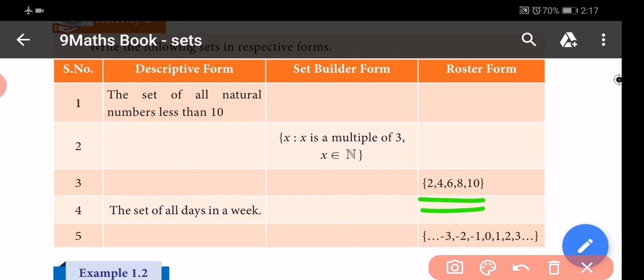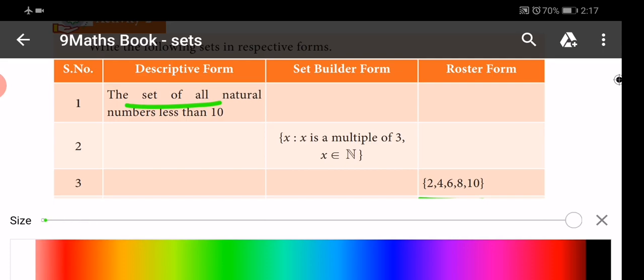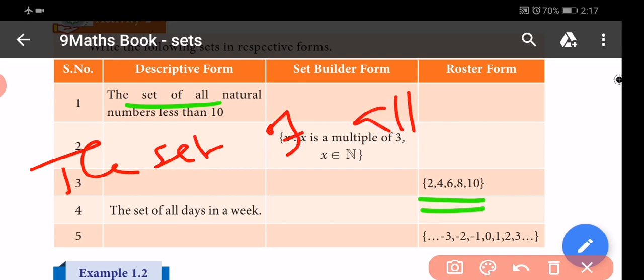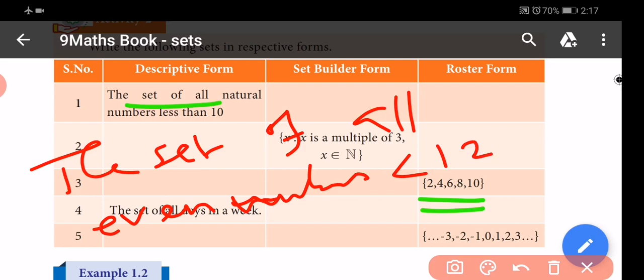So if we write in descriptive form, we start with the set of all, what is the type of number? All even numbers less than 12, or less than or equal to 10, or up to 10.